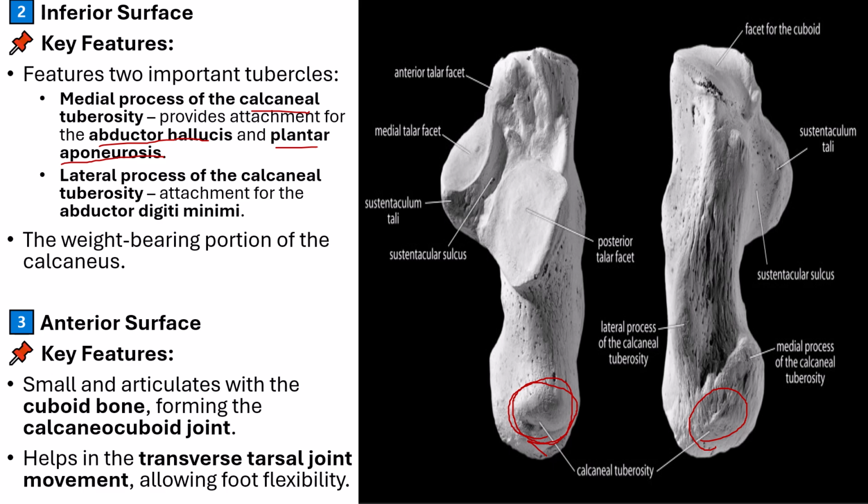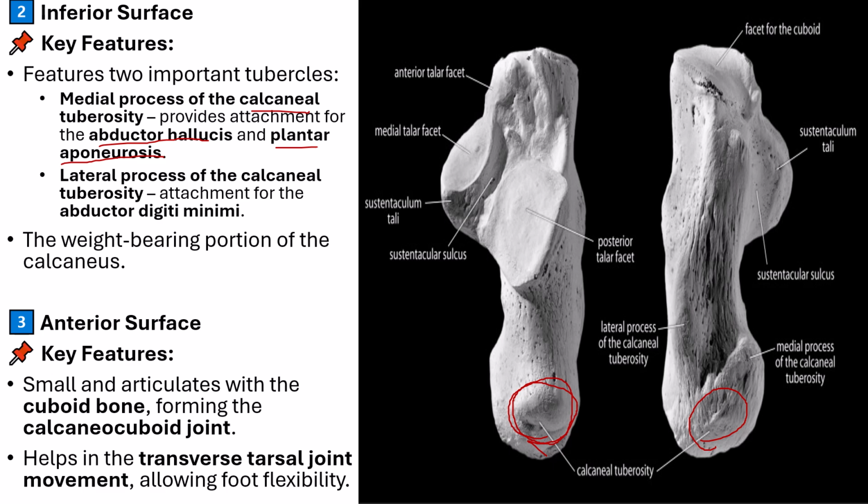Abductor hallucis is a muscle, and the plantar aponeurosis is a fibrous sheet which is present beneath the plantar side of our foot.